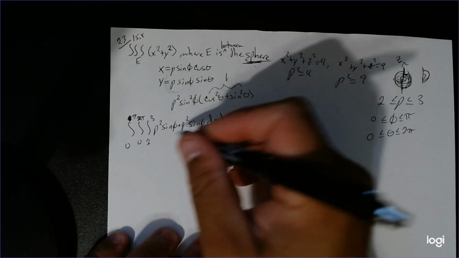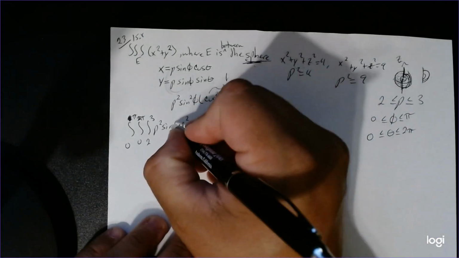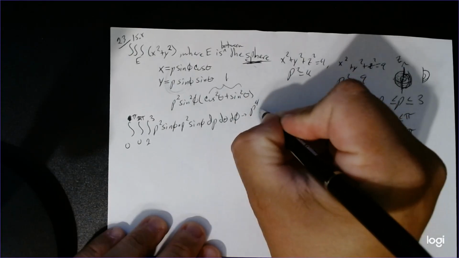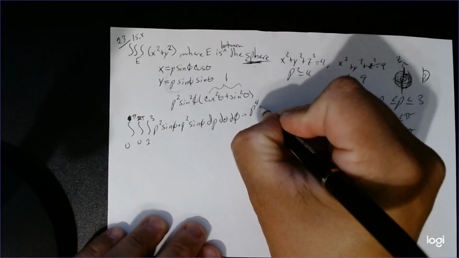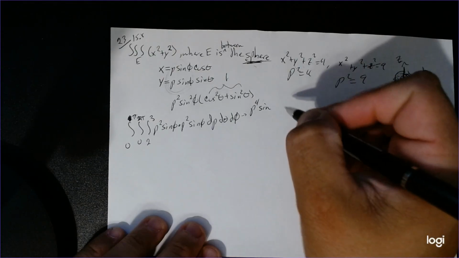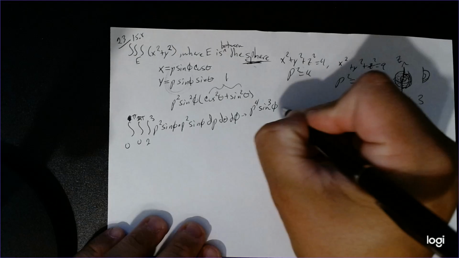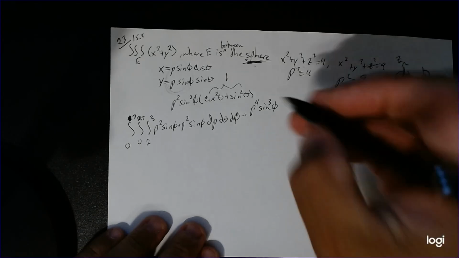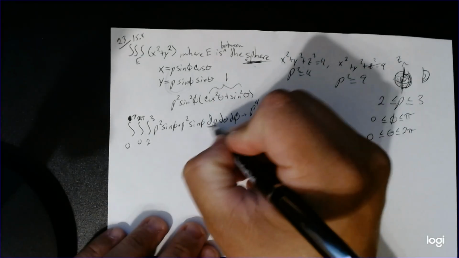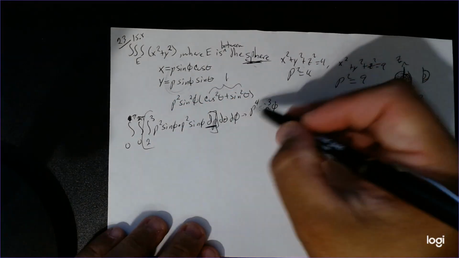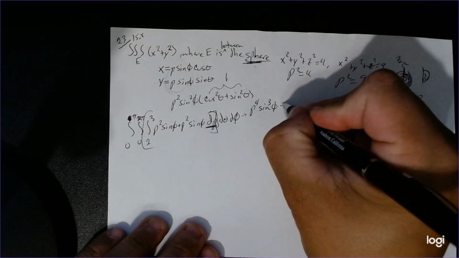Okay, so this gives me rho squared times rho squared, so rho to the 4th power, and then sine cubed phi. Okay, so far so good. Not too bad. Again, like I've been saying this whole video, rho, so the power rule applies to rho here.